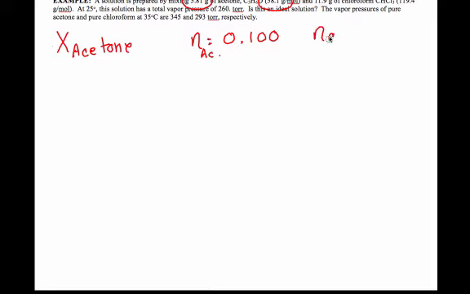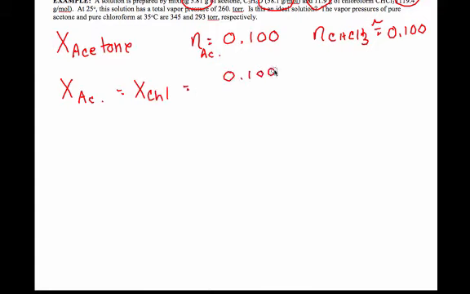To get our moles of chloroform, same thing. We take our mass over our molar mass, and it's very close to 0.100. So that means my mole fraction of the acetone is going to equal the mole fraction of the chloroform, and they're both equal to 0.100 over the sum.